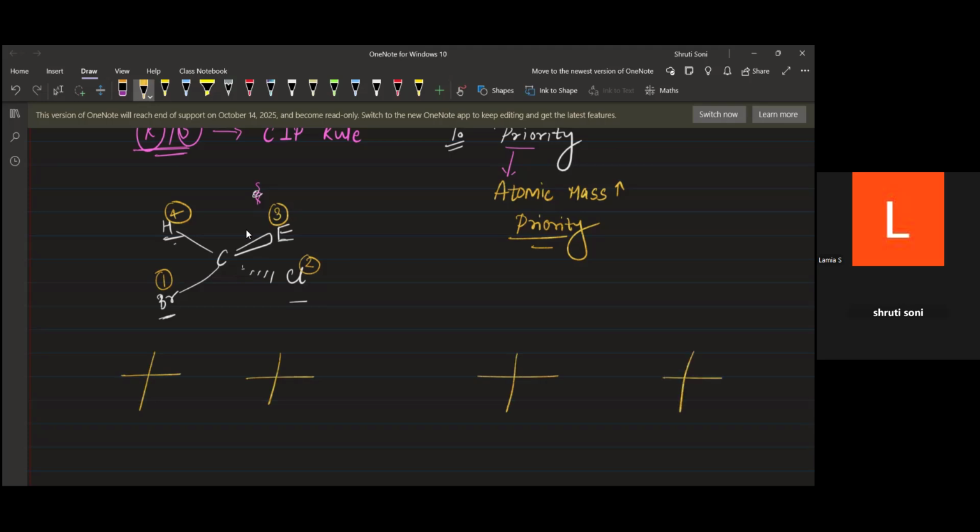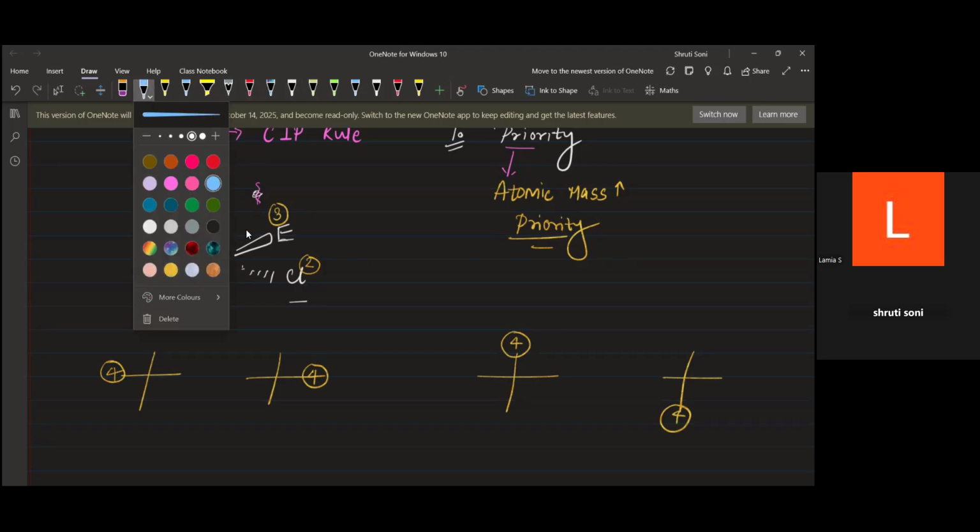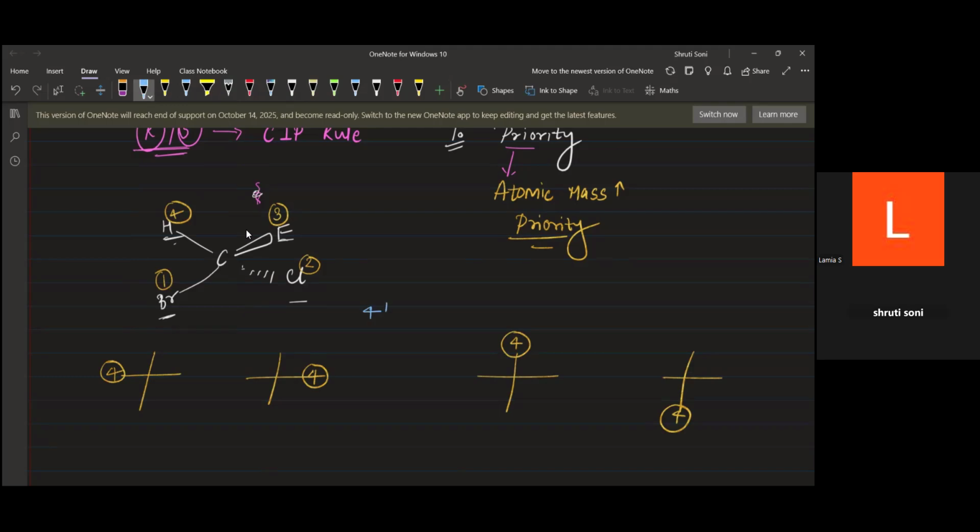The fourth group can come in these two directions or in these directions. Do you understand? The fourth group.